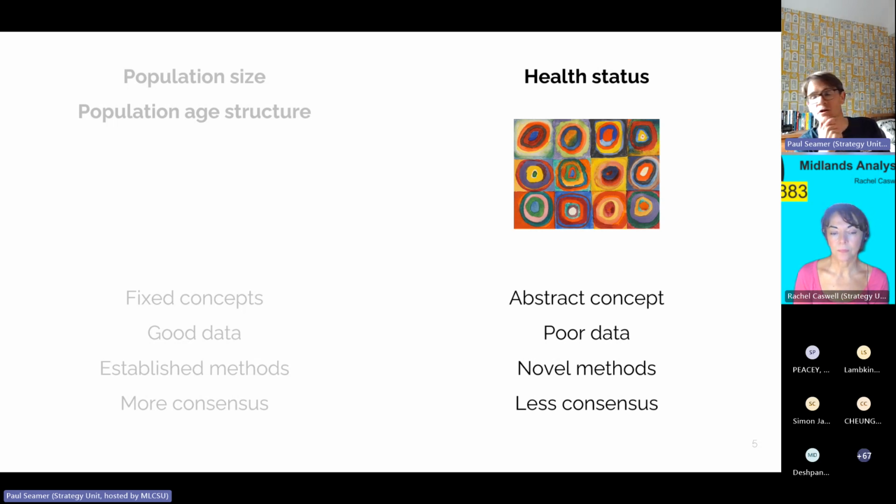The methods to incorporate health status in modeling exercises are much more novel, they're less established, and importantly, there's much less of a settled consensus or certainty about how status might change in the future. People have lots of different, very different ideas about how it might evolve.